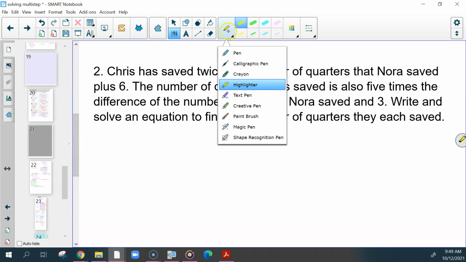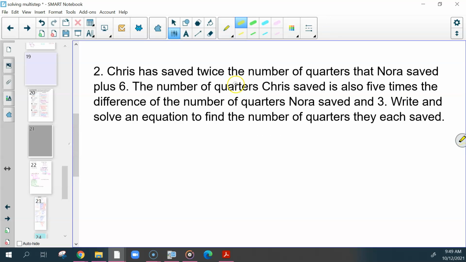So, for this, what's important here? Twice. Twice what? The number of quarters. Plus 6. And then, what else is important? Nora saved and 3.